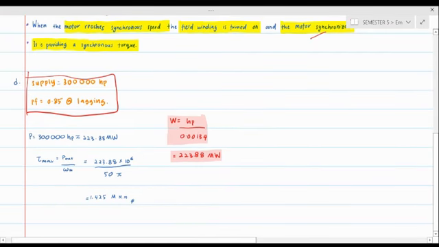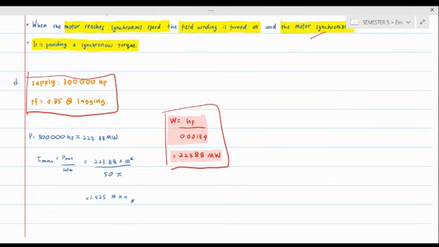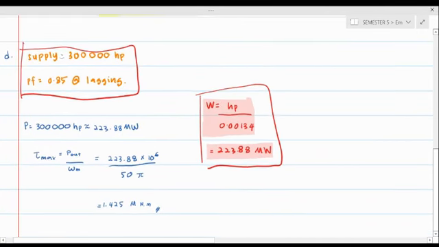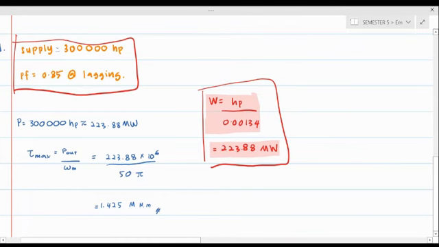Okay, first we must convert the horsepower to watt, for which we use this formula. Watt equal to horsepower divided by 0.00134 and we get 223.88 megawatt. Since all the losses are ignored, we use this value as Pout.